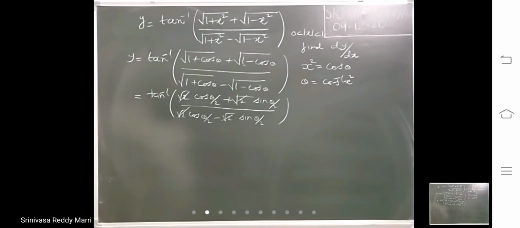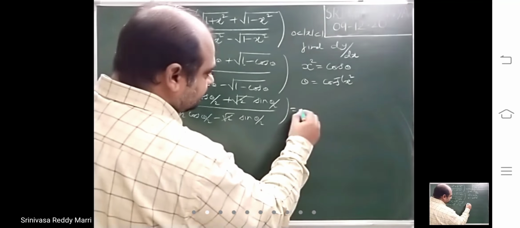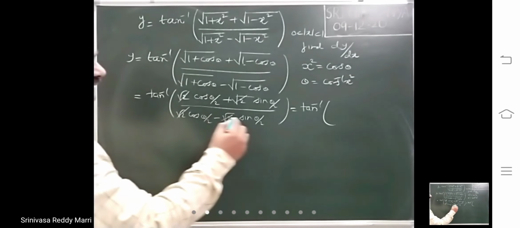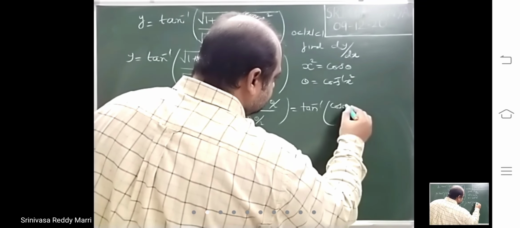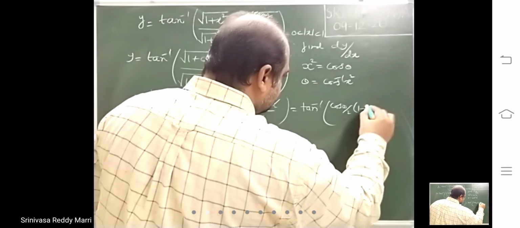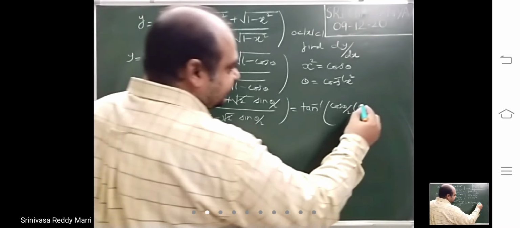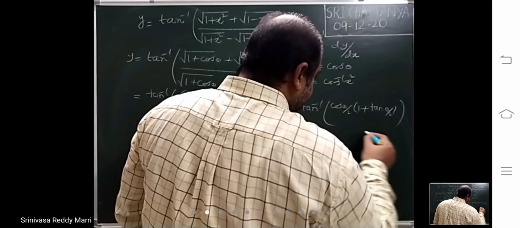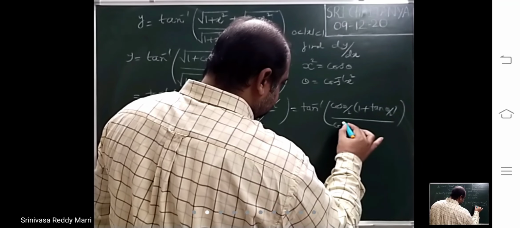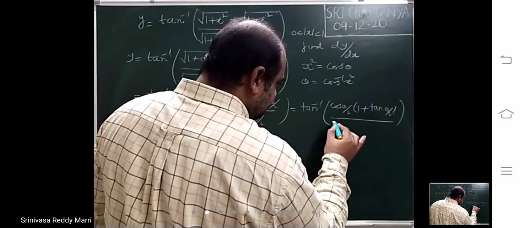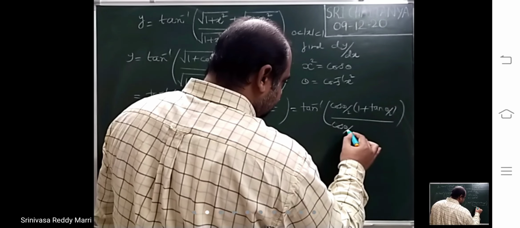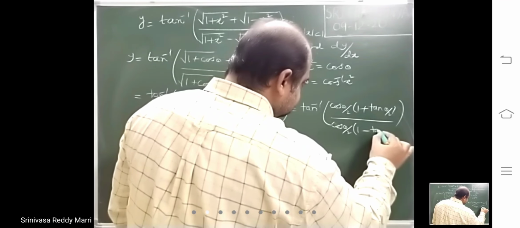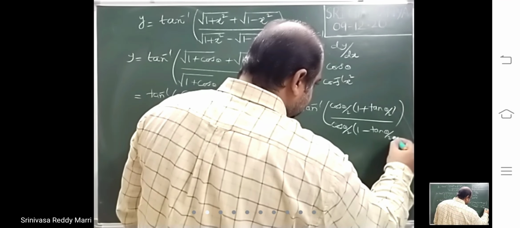Now I am further simplifying. I want to write in terms of tan inverse tan. I am taking cos theta by 2 common: 1 plus sin theta by 2 divided by cos theta by 2 becomes 1 plus tan theta by 2. In the denominator, I am taking cos theta by 2 common: 1 minus tan theta by 2.